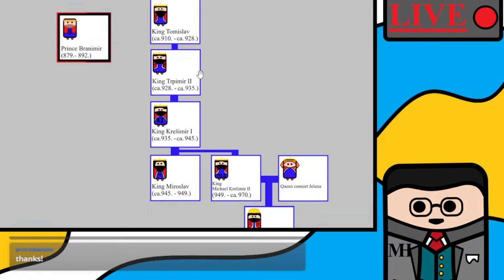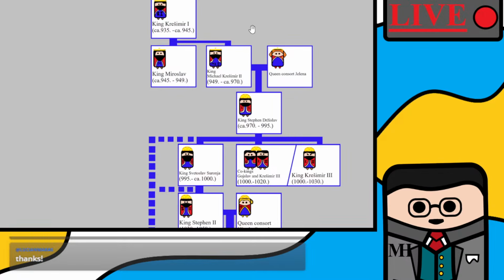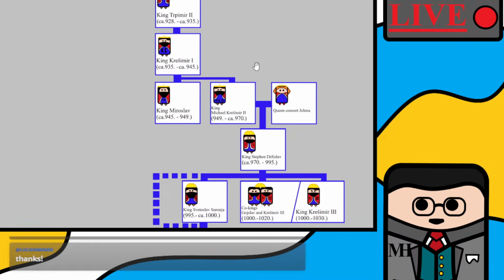We're not sure if King Trpimir II is called Trpimir, or was he Tomislav's son, or his grandson? Was King Krešimir there where he was? And this used to be a big muddle all the way until the 11th century, because we just didn't have something to outline how the dynasty went. Until this was uncovered in Split.